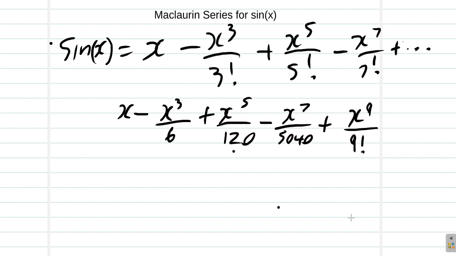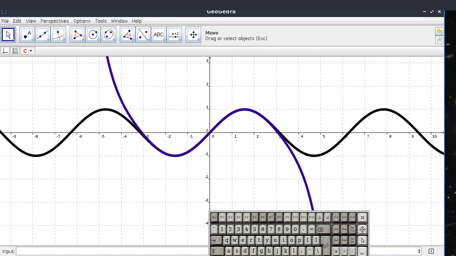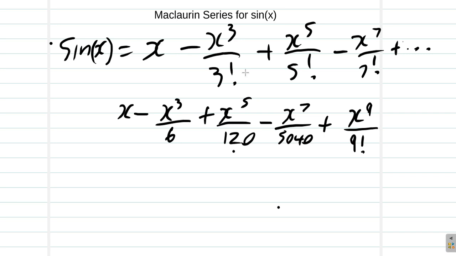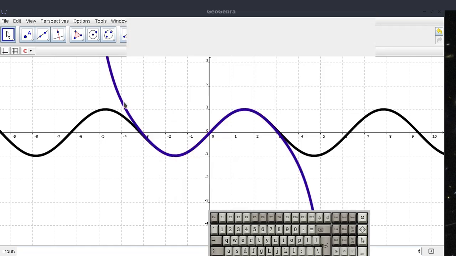But let's figure out what 9 factorial is. 9 factorial equals a big number, 362,880. So here now, x to the 9 over 362,880. We're going to add that to what we have here.